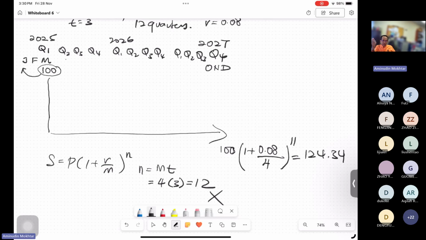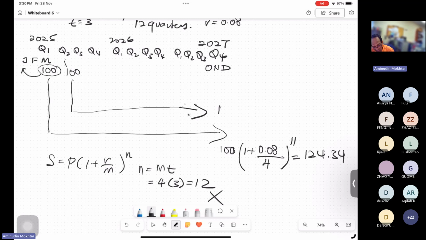At the second quarter, quarter 2 of 2025, at the end of June, we assume you deposit another 100 in the bank, and now we need to calculate the future value for the second 100.